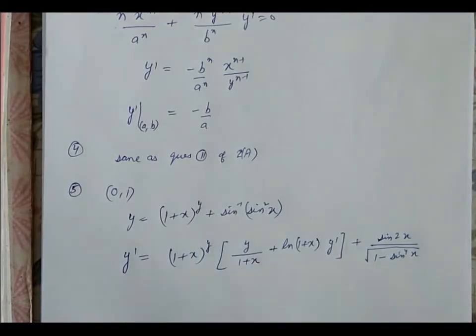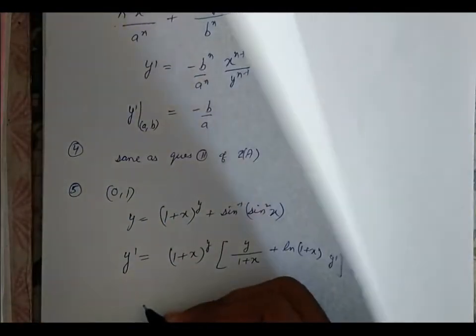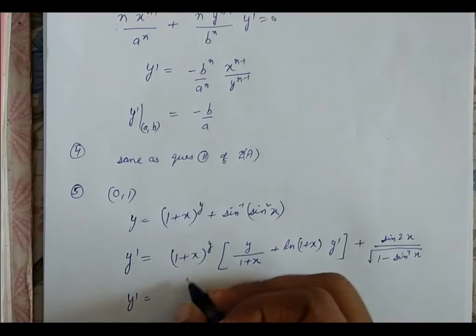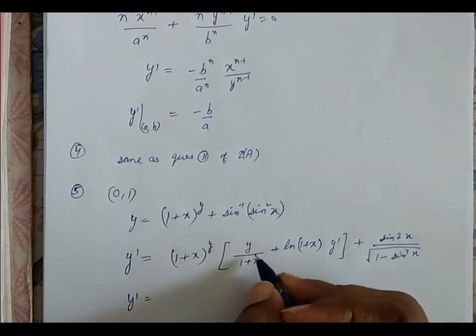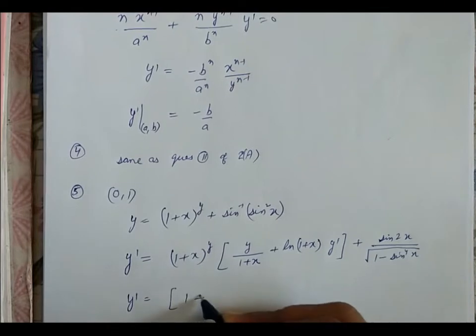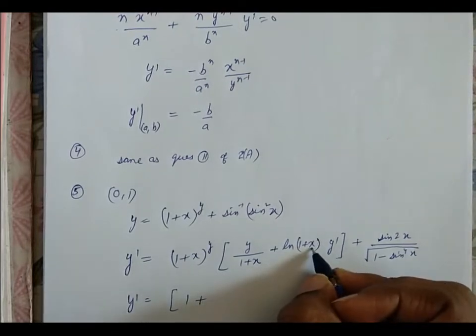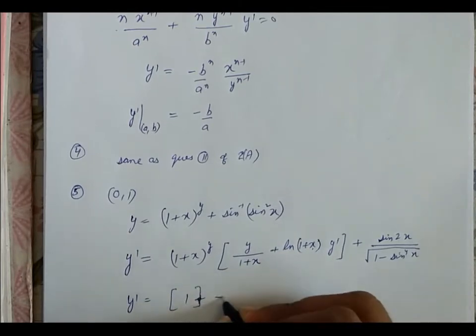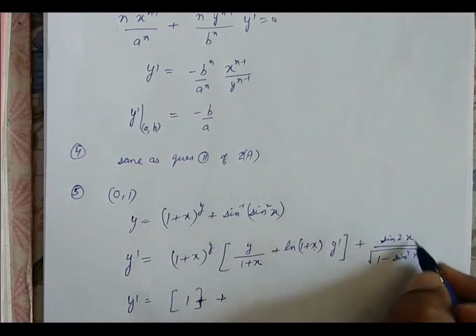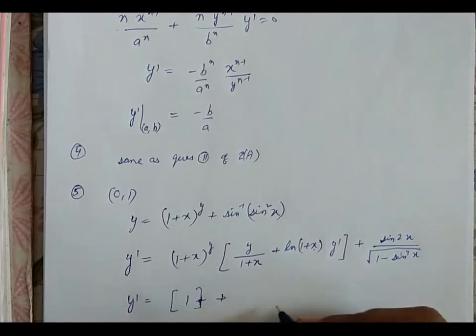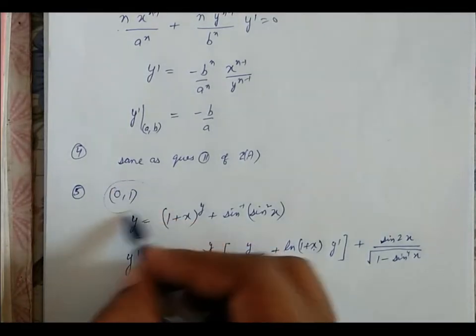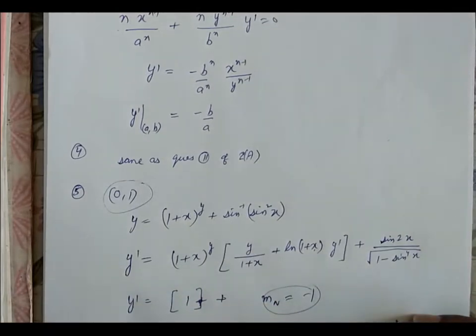Now calculating y dash at x is equal to 0 and y is equal to 1, this would be 1, this would be 1 plus x is equal to 0, ln 1 would be 0, plus at x is equal to 0 this will be 0, so y dash is also equal to 1. So m of normal would be equal to -1.